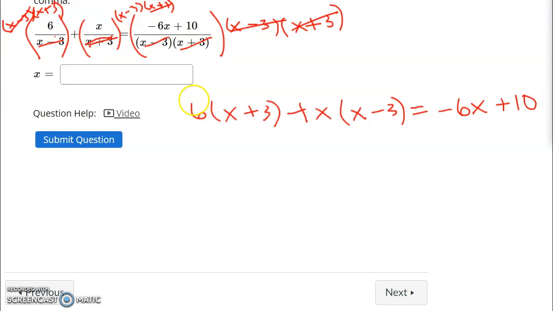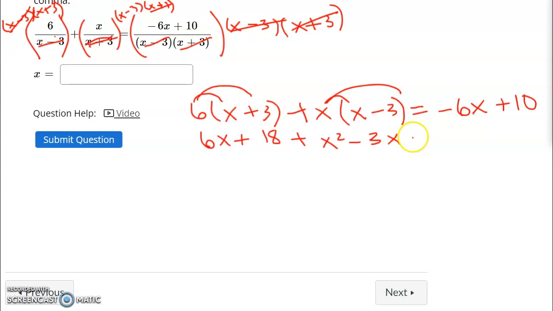Now we need to distribute out, combine like terms, and see what we have. So we'll get 6x plus 18 plus, we'll distribute that x into both, so we get x squared minus 3x equals negative 6x plus 10.